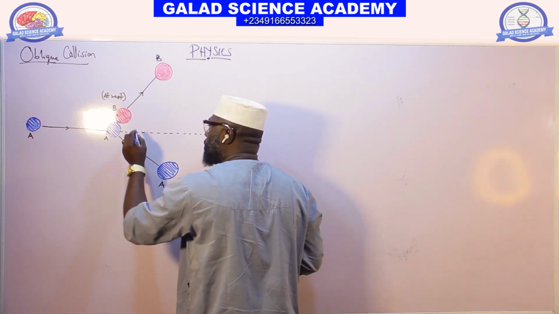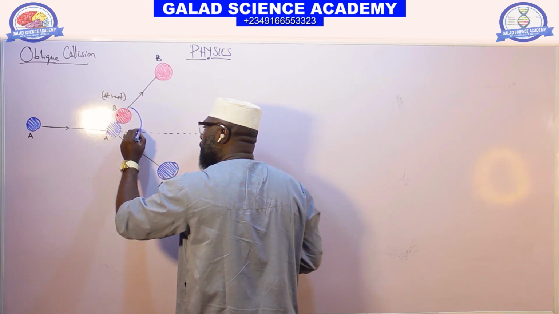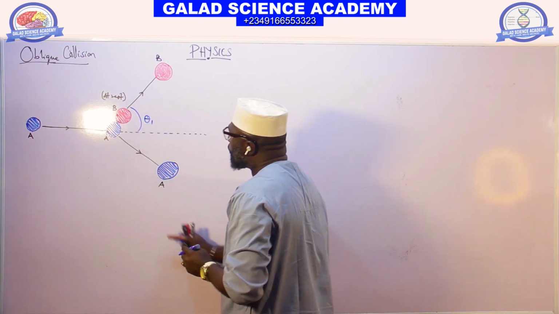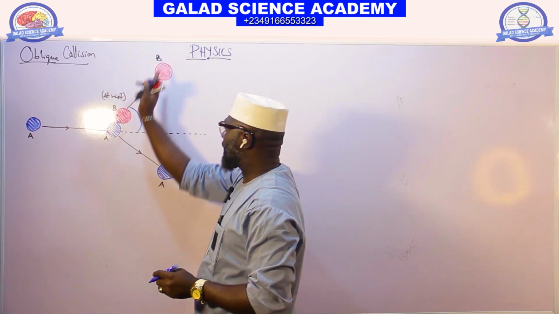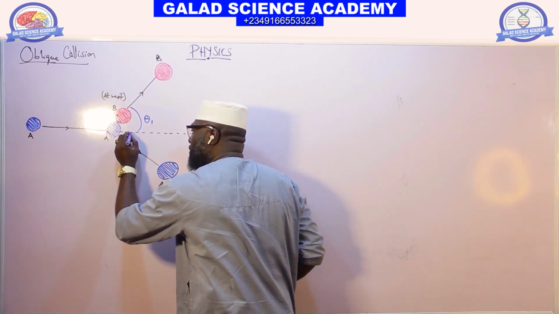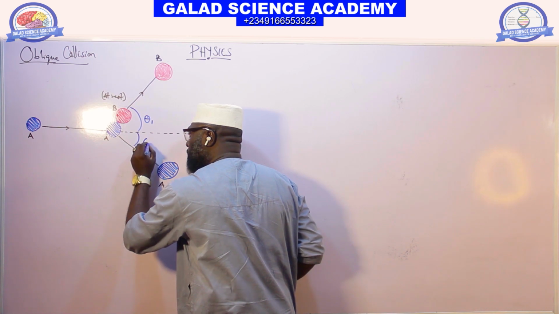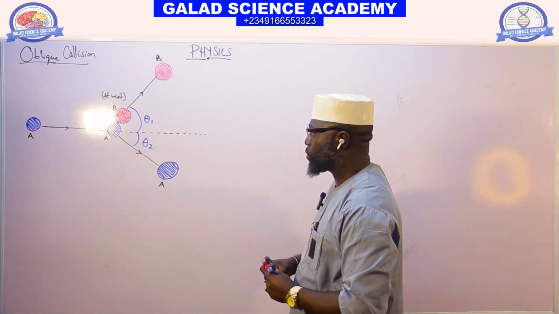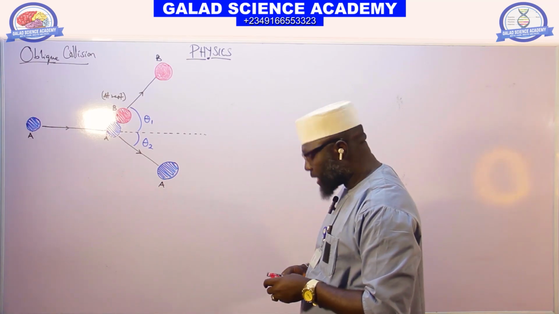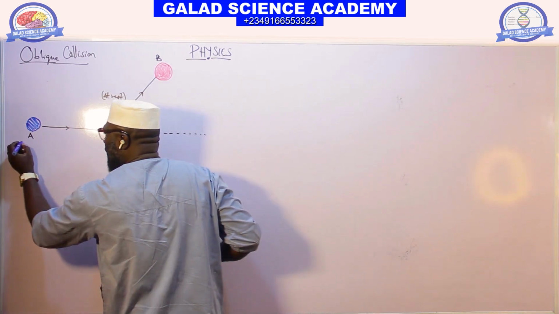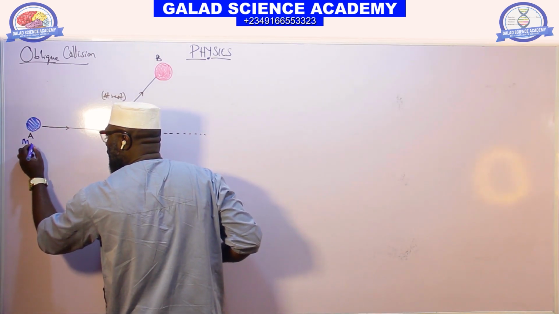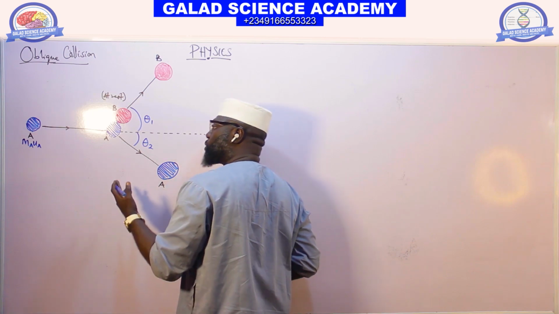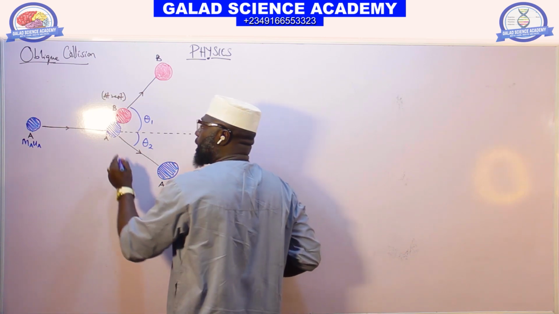You will now observe that we have an angle here, which we call theta 1, where they incline. And the angle we have here, we call theta 2. At this particular place, you can have mass A, or we call it mass 1, with speed UA.